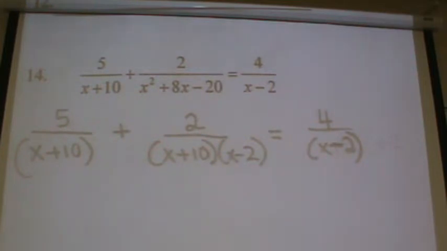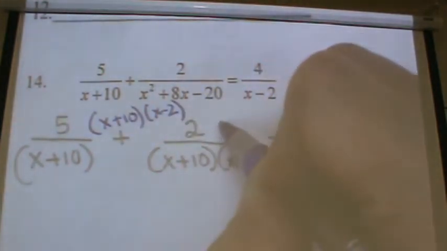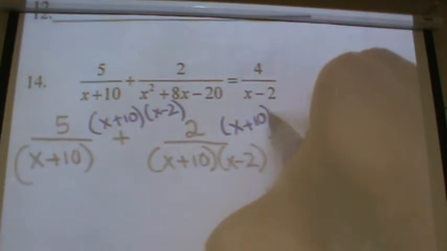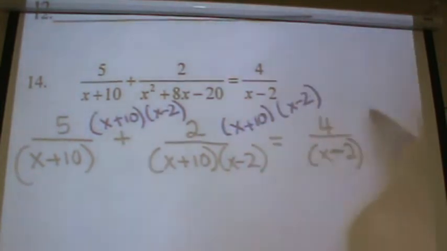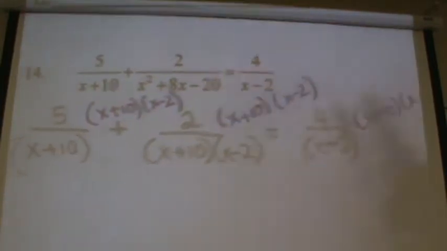Now, I'm gonna use blue. What's my common denominator? X plus 10, x minus 2. Now, if you have to do this, I'm doing it for you. You don't have to. Some of you guys can do this in your head. You know what I mean, right? What cancels?